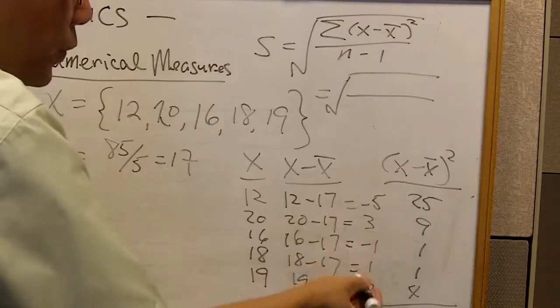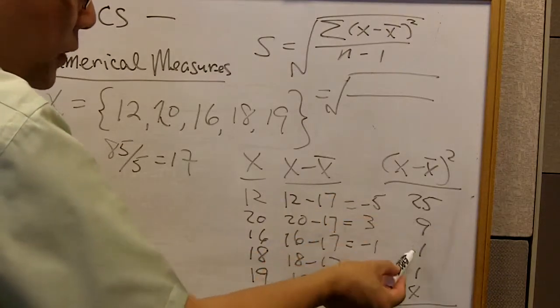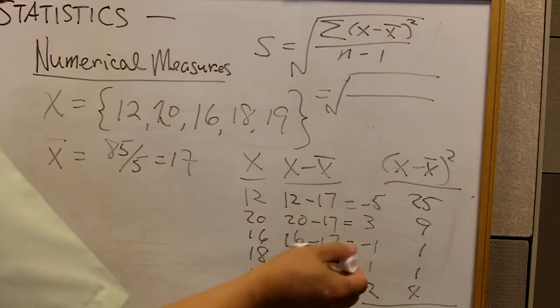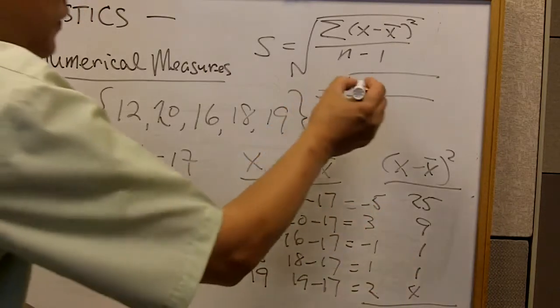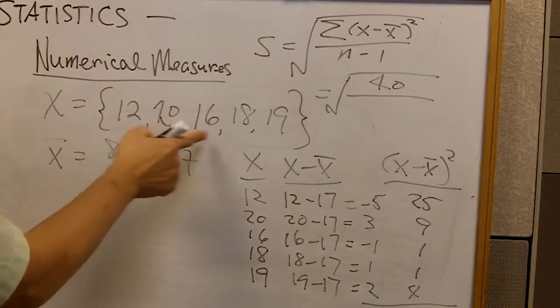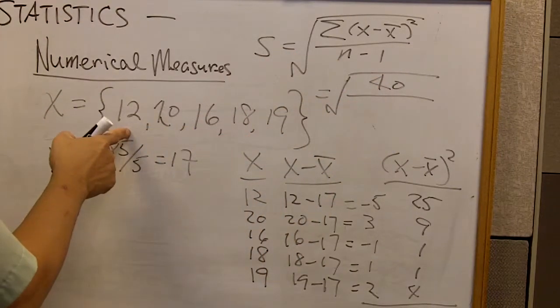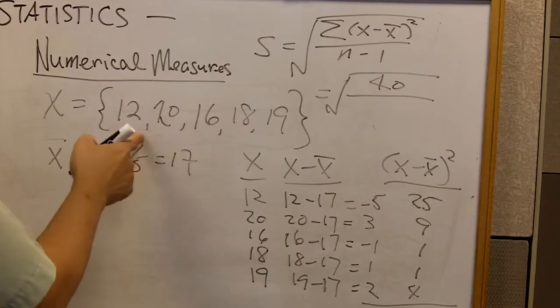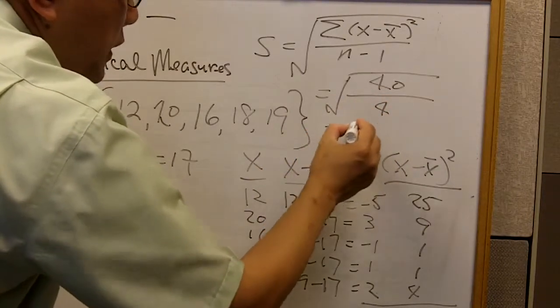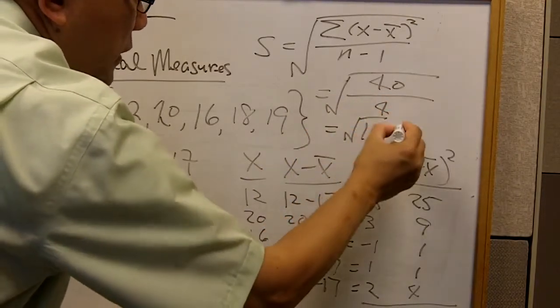So we have 25 plus 9 plus 1 plus 1 plus 4, which is 40. And n is the number of values. There are 5 employees' hourly wages, so 5 minus 1 is equal to 4. So basically it's the square root of 10.